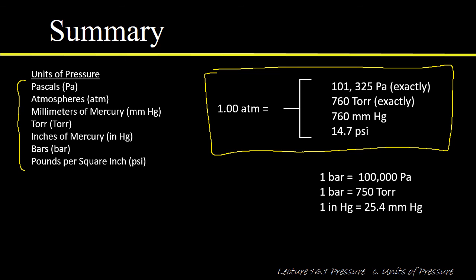That's an exact definition. Also know that 1 bar is about 750 torr. That's an approximation, but it's a very good approximation. That's correct to 3 significant figures. And 1 inch of mercury is 25.4 millimeters of mercury. Okay, these are 3 extra bits of information that you may need for some conversion factors.